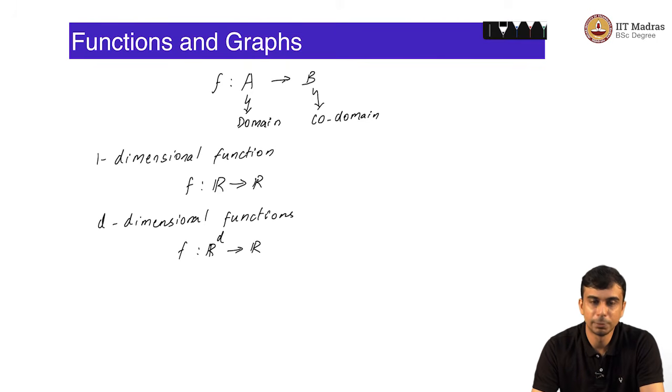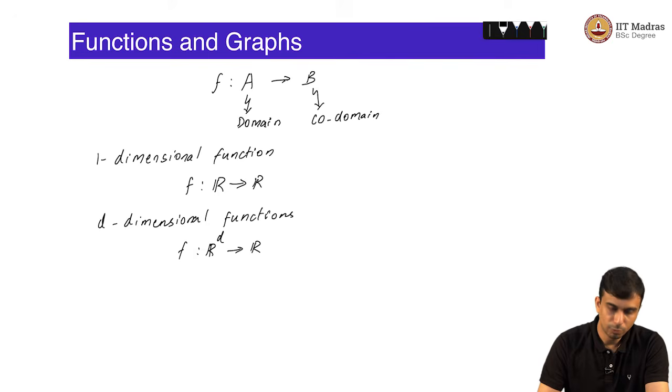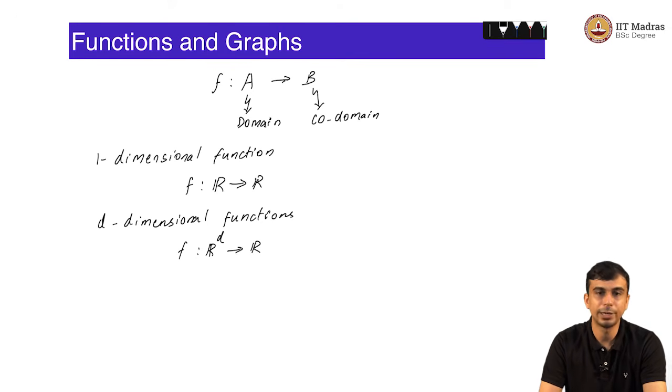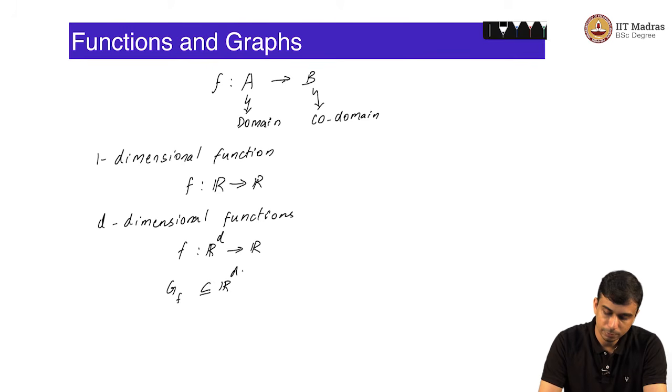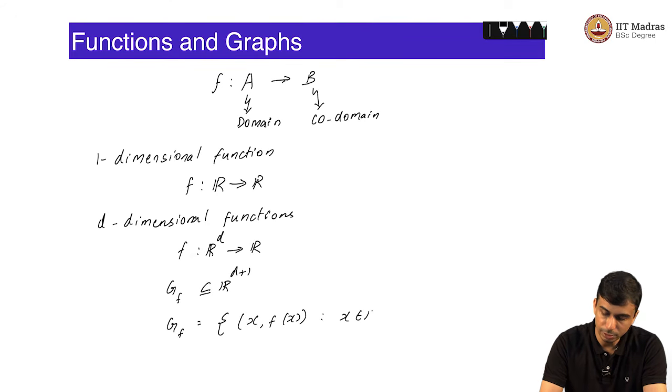Sometimes for visualization purposes, it is also nice to have a graph of a function. What is a graph of a function? A graph of a function is a subset. If you have a function f from Rd to R, the graph of this function, let us call it Gf, is a subset of Rd plus 1. Gf is simply the set of x comma f of x such that x is in Rd.